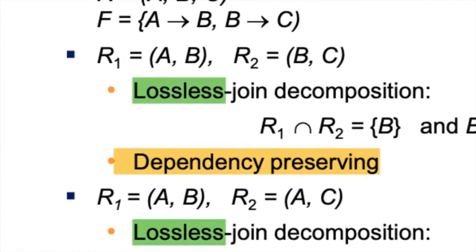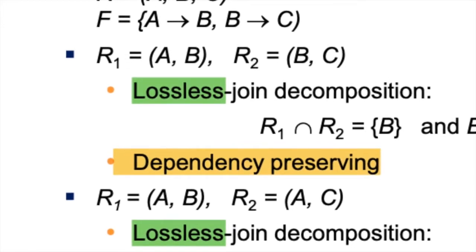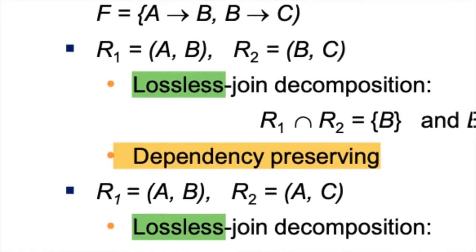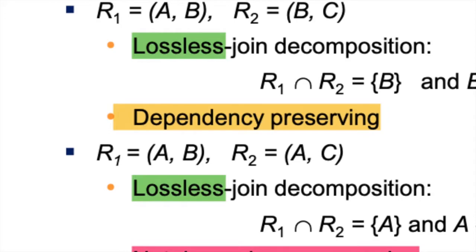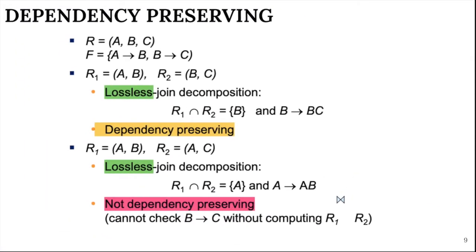Because for this decomposition, first, we can verify A to B because we have a table with A and B. But we can't verify B to C because we don't have a table with B to C. What we have to do is perform an inner join of R1 and R2 before we can verify if B to C is true. Right? Or we can verify if B to C satisfies the Boyce-Codd normal form conditions.